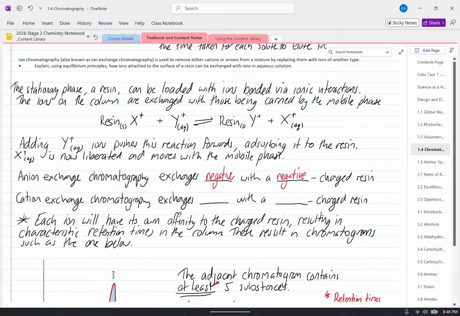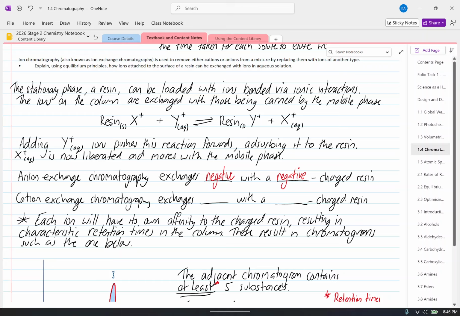with a positively charged resin. Now, you can know this first of all because anion exchange is telling you that you're exchanging anions, and the only way for anions to bond, so if we look back up here, for example, I should have done it the other way around, but either way, if we have a positively charged ion, which is a cation, the way it's bonded to the resin is because this is positive, the resin is negative.